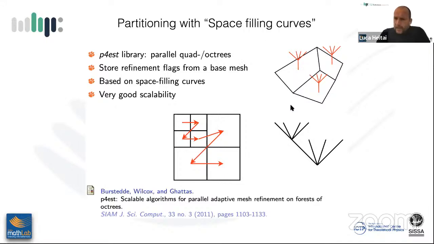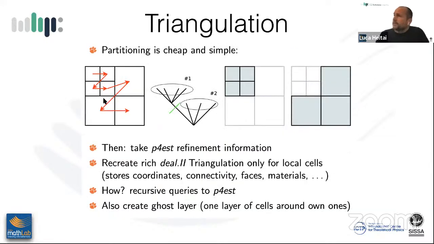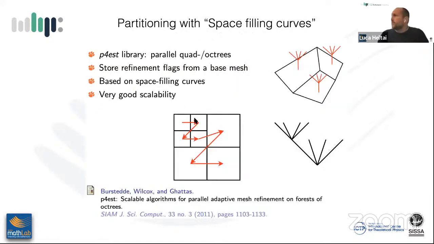So how does this work? Well, simply in the following way: you consider every single cell of your triangulation and the children of the triangulation as a forest of trees in which the nodes are the cells and the leaves are the children of those cells. So if you look, for example, at a adaptively refined grid, the main node which is here is the background cell that you see in the back.